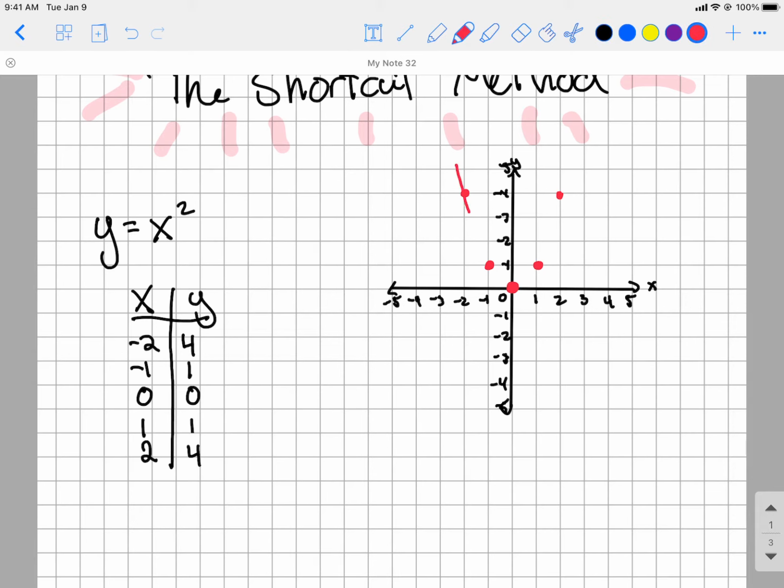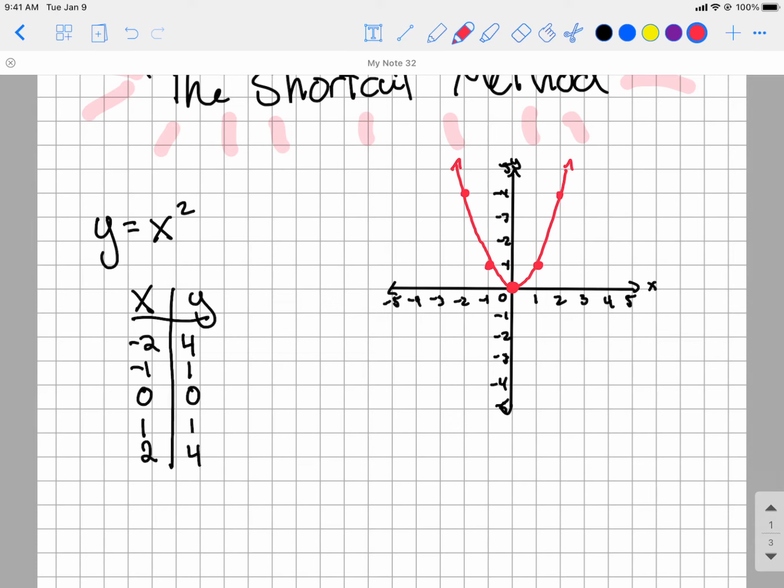So it looks something like this. We're going to use those points for everything else. We're going to do what we call transforming them, where basically we're going to take this graph and we're going to move it around, we're going to stretch it one way or another, and we're just going to see how things change.